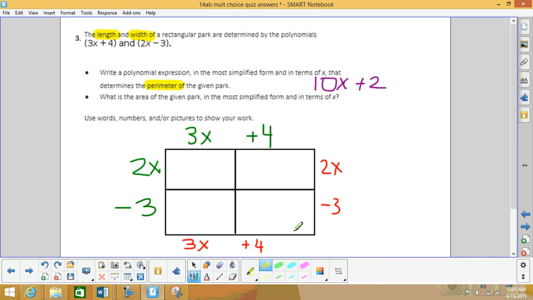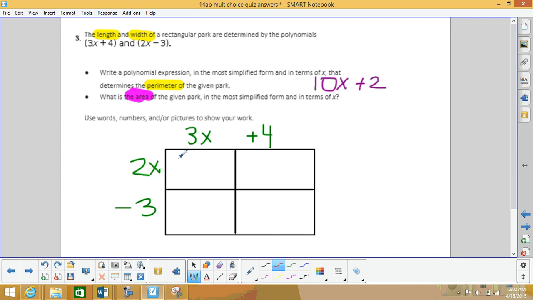And then the question asks you to find the area of the given park. And a lot of people answered this question correctly. Area is just doing the length times the width. So I'm going to just quickly erase these because we don't need those for area. But when you're trying to find the area, you just multiply the dimensions of your boxes.